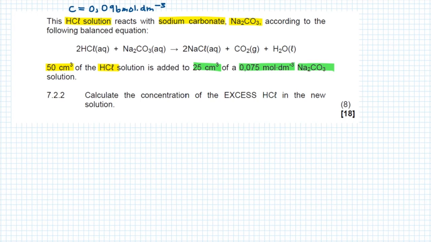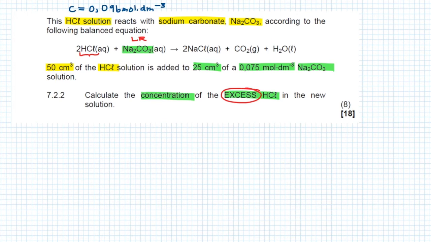7.1.2 says, calculate the concentration of excess hydrochloric acid. The word here, excess, is incredibly important. It tells us already that the hydrochloric acid is in excess, and therefore the sodium carbonate is the limiting reagent.